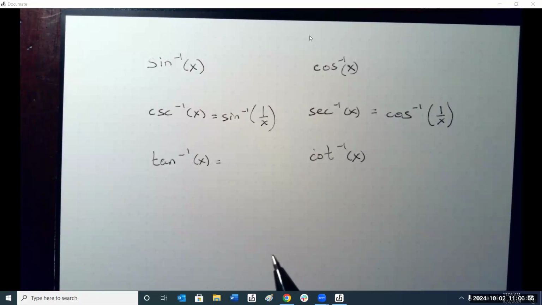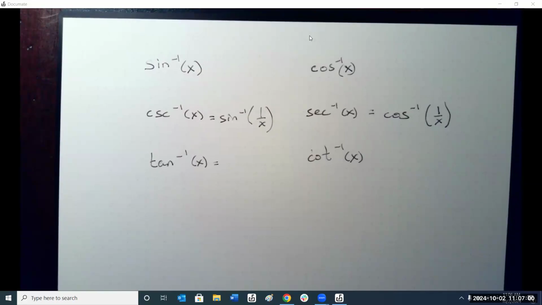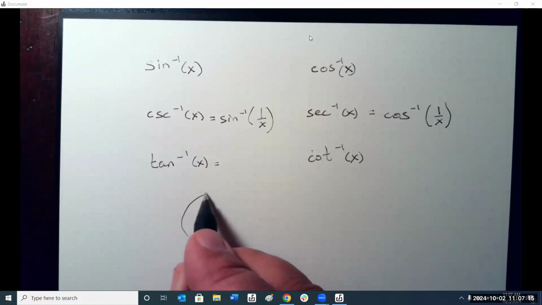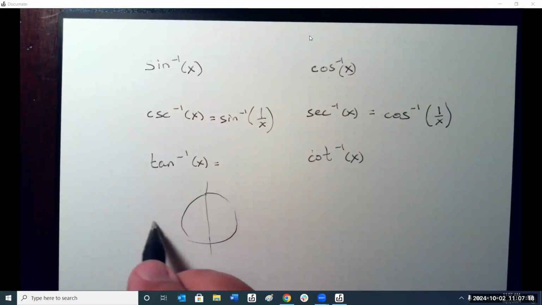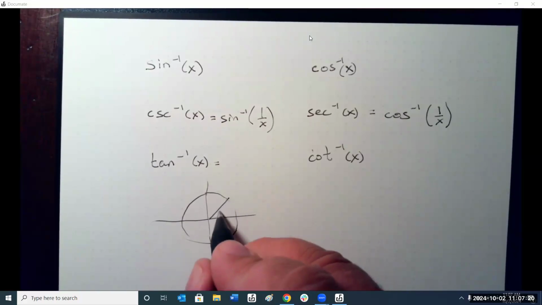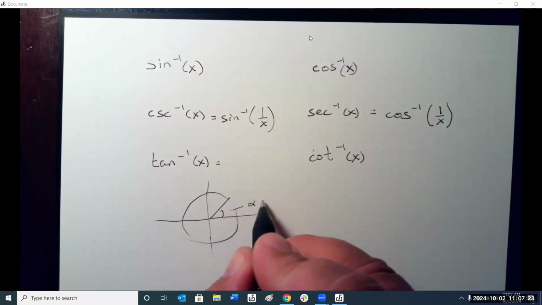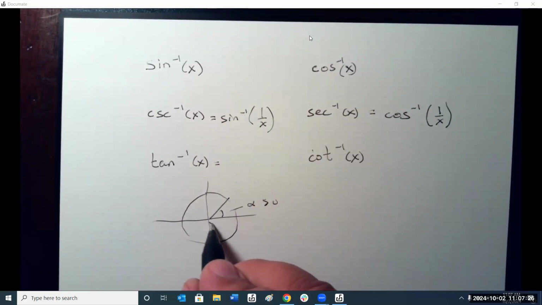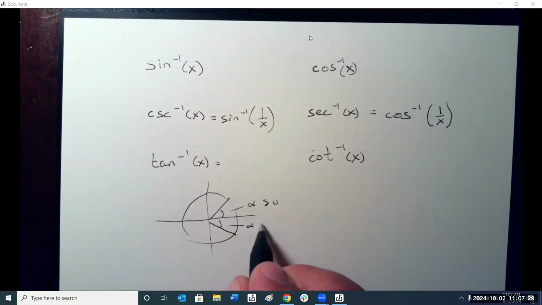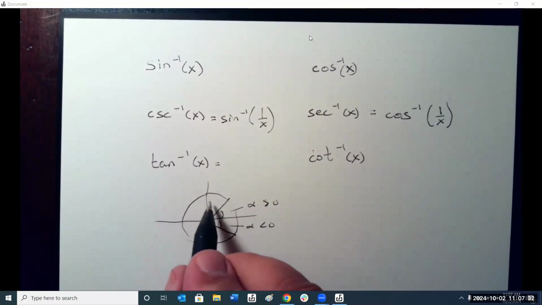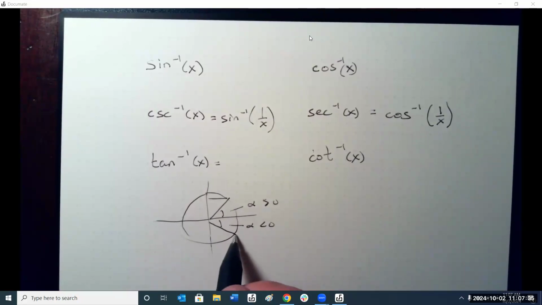Now, the problem with some of these formulas is they don't always give us a set solution, because remember, it's cyclical. So if I say that I want an angle to be positive, greater than 0, or negative, less than 0, then it all depends what we have here.